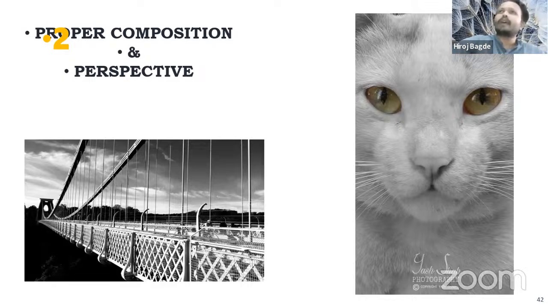Whenever you are clicking either with a DSLR or a mobile, I will discuss why proper composition and perspective are important. Because when you look at the image in cases of macro, you should have details first of all. Then you should have a perspective setup that yes, this is what I am going to focus on. My focus should be there. And whenever you are going for portraits, landscape, or wide angle views, your perspective matters.